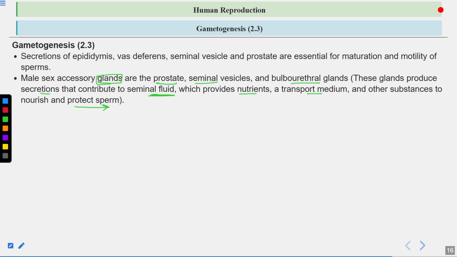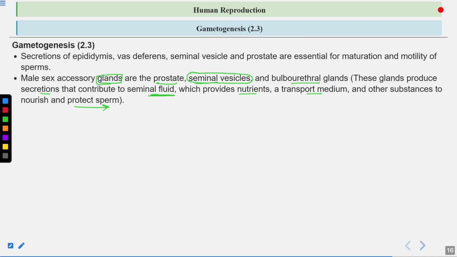Now, what is the role of seminal vesicles? Seminal vesicles secrete seminal plasma. Their secretions consist of fructose and prostaglandins, and this fructose provides nourishment to the sperm.